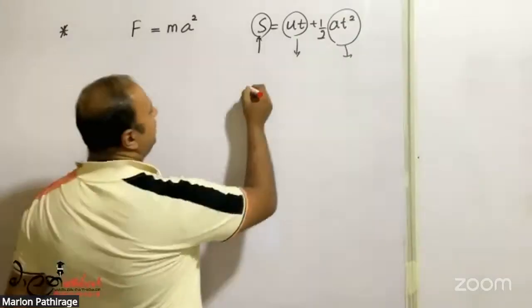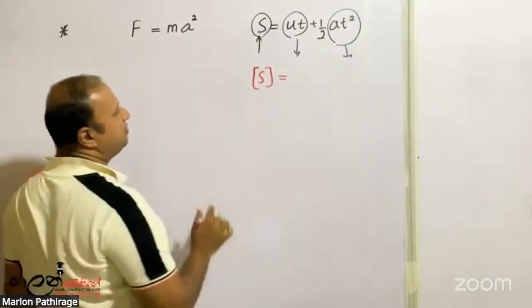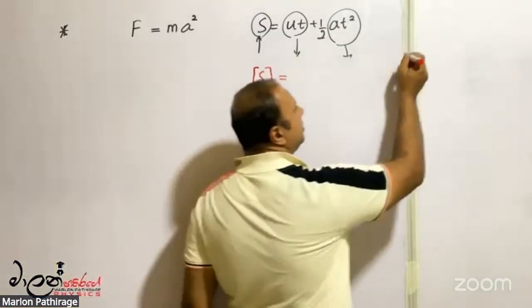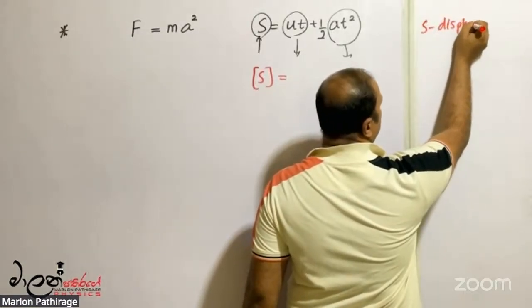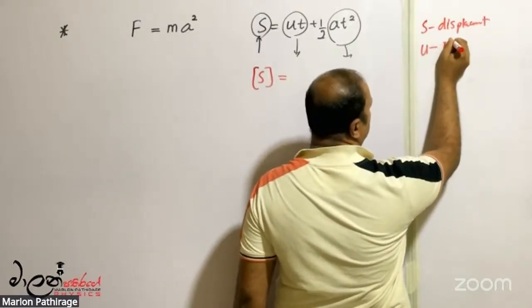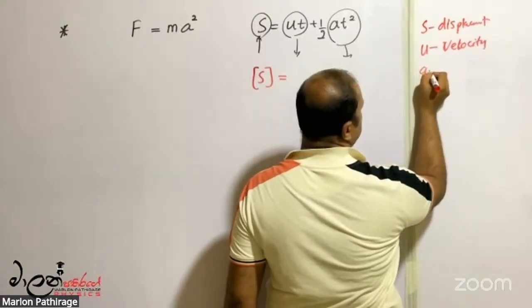Therefore, the dimension of displacement. S means displacement. U means velocity. A means acceleration.